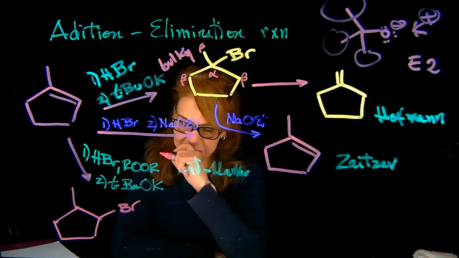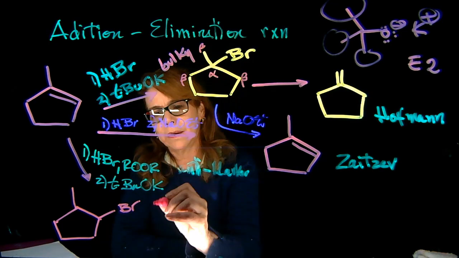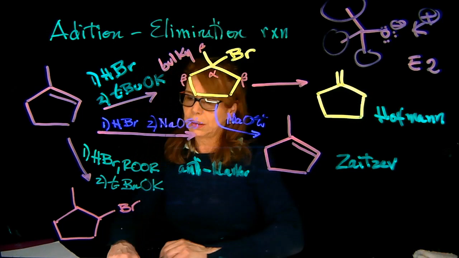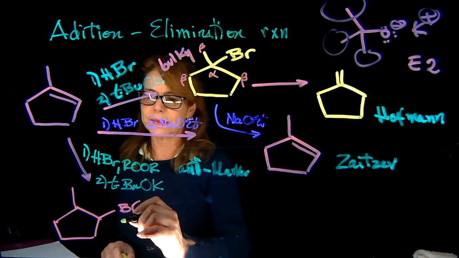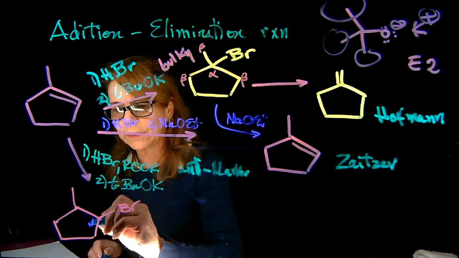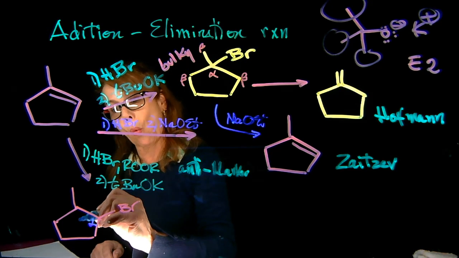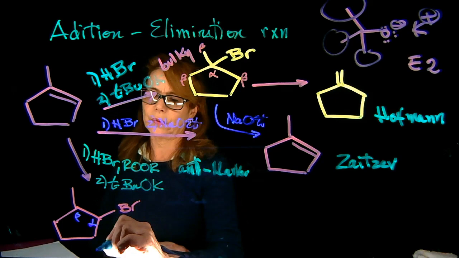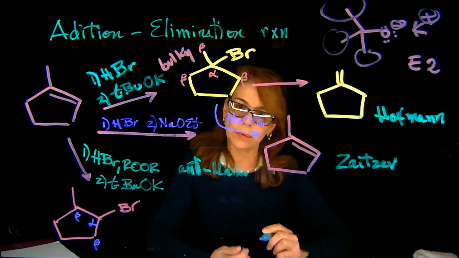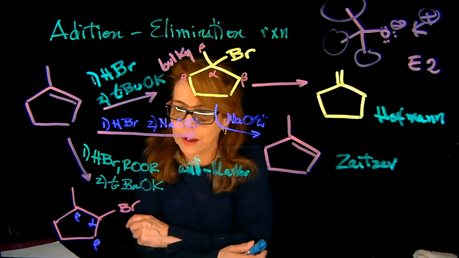And now it says that you're treating with potassium tert-butoxide. So here, again, is a bulky base, and if this is your alpha carbon here, you will have beta hydrogens. Here you have 1, 2, 3, so 1 here, and you have 2 hydrogens here. So a possible alkene comes from doing the E2 elimination over here, but that will be the Zaitsev product.